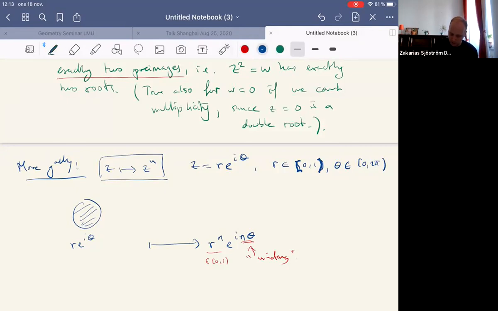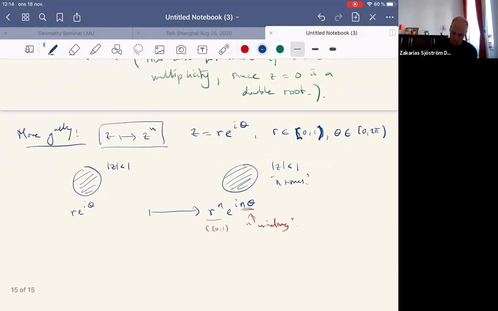One way of viewing this is that the image that you get is the same circle, but covered. This is this circle and this is this circle, but you get it n times in a suitable sense. So what do I mean by this? What I mean is that f of this disk, which you can also call D, it's easier to write, so f of D covers D n times.